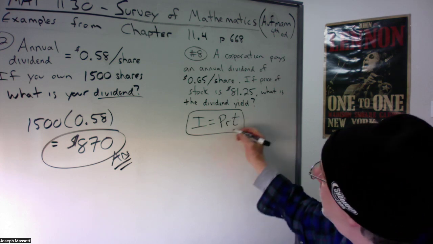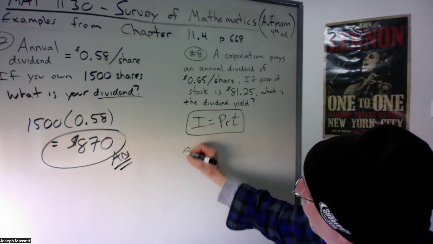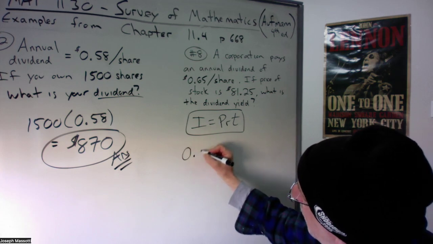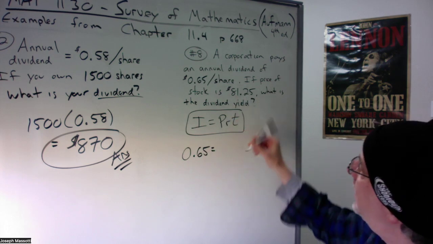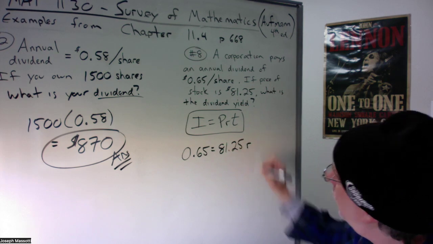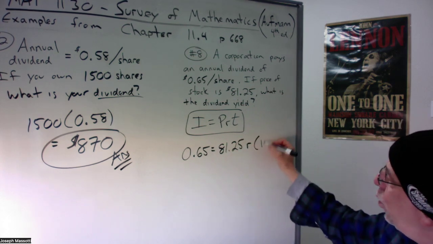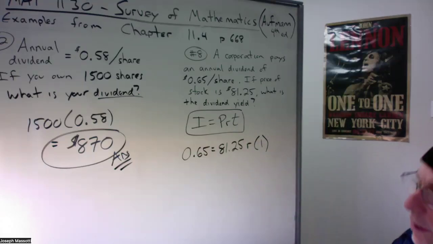So now we're just looking for R. T is 1. So I is going to be the 0.65. The principal is going to be the stock price, and we're solving for R. Again, T is 1 for 1 year, so we don't need to put the 1 in there.